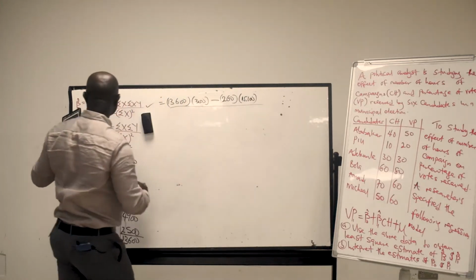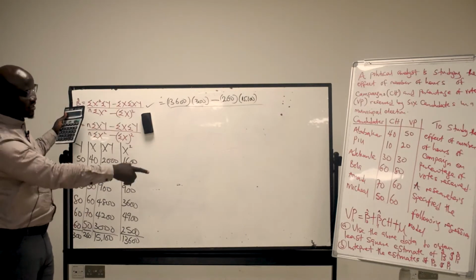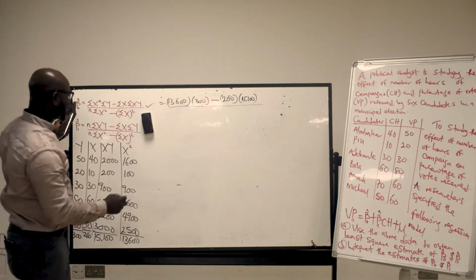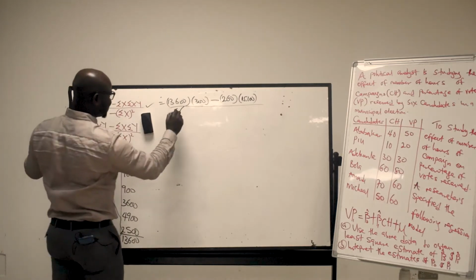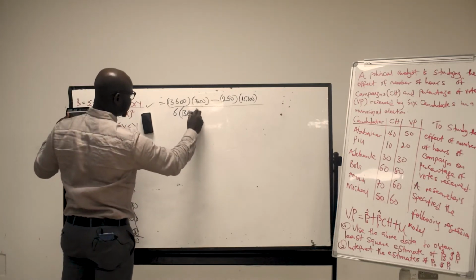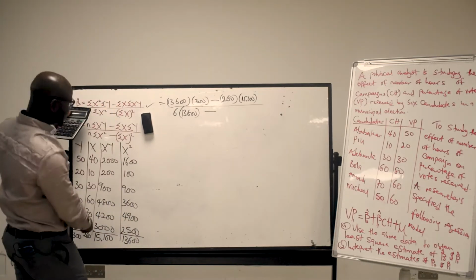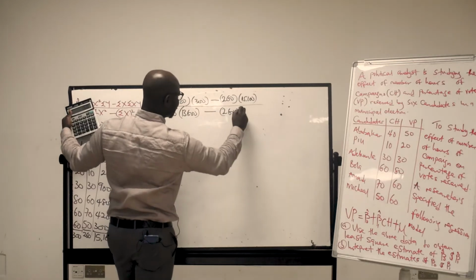All over n, the number of observations, the number of candidates given to us, which is 6 altogether: Abubakar, Pius, Adekunle, Bola, Ahmed, and Michael. So 6 into x squared, which is 13,600, minus the summation of x, which is 260 squared, right?